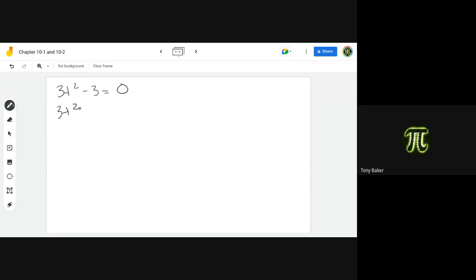So 3t squared equals 3. t squared equals 1. So t equals 1, or actually, sorry, plus or minus 1, because when you do the square root, you still have the plus or minus. And then I have 2t equals 0. So t equals 0. So this is vertical, and that's horizontal.